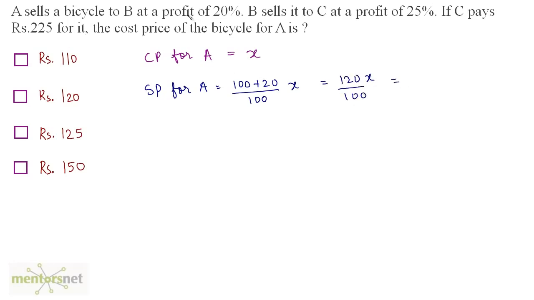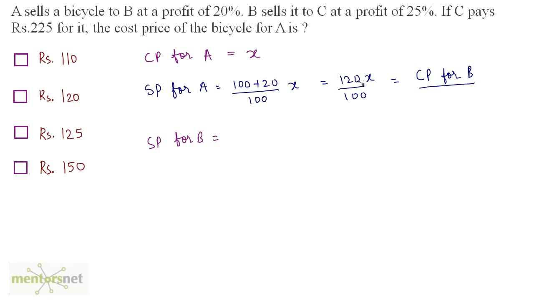Now B actually paid this much amount to buy this bicycle from A, so this is also the cost price for B. Now B sells this bicycle to C at a profit of 25%. So the selling price for B is the cost price for B increased by 25%.